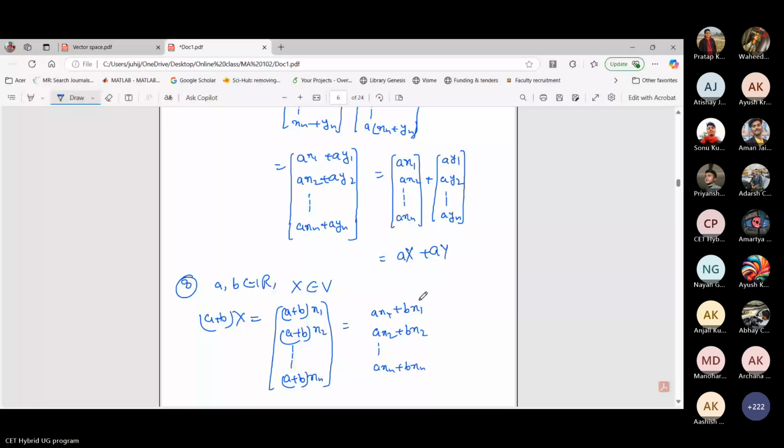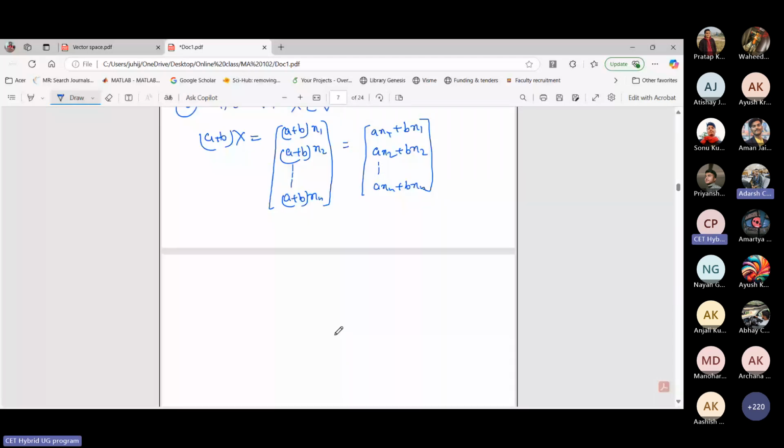Again, this vector, can I write this one as AX1, AX2, up to AXn plus BX1, BX2, BXn? This step is correct. So the last one is AX plus BX. So the last property is also satisfied.